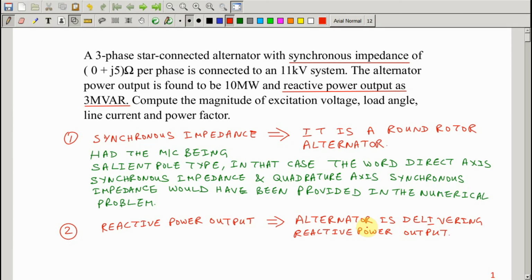So the word reactive power output, this particular word output, is a very important thing. I would like you to notice it. The word output is mentioned. So this implies that the alternator is delivering reactive power output.